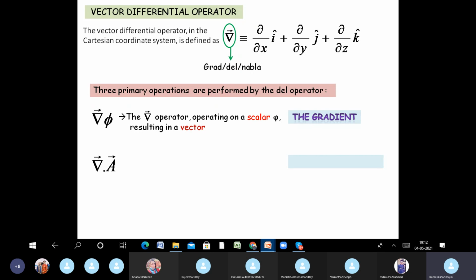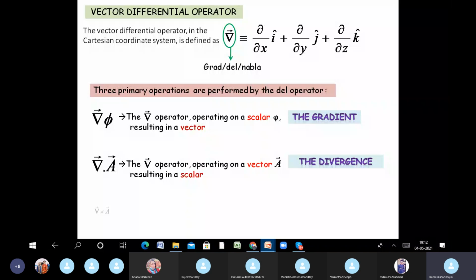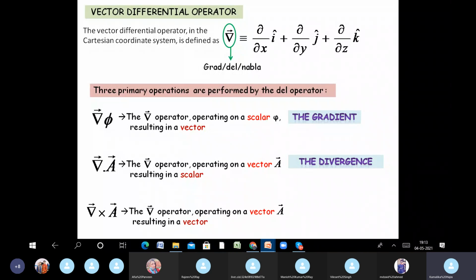When it operates on a vector, it can operate in two ways. You can either take its dot product with a vector so that the result will be a scalar, and that is known as the divergence, or you can take its cross product with a vector so that the result is a vector, and this is known as the curl. So there are three primary operations that can be performed by the del operator.